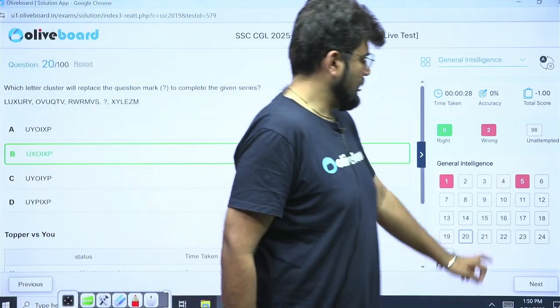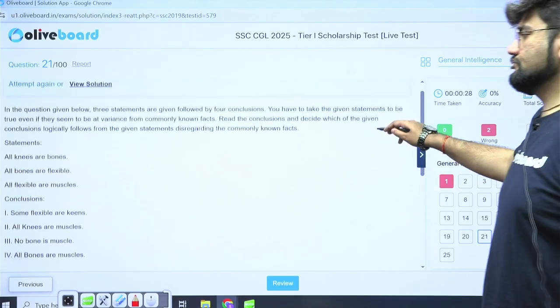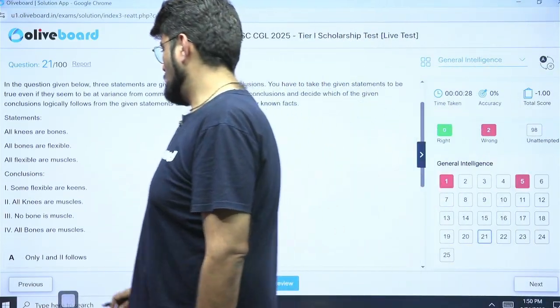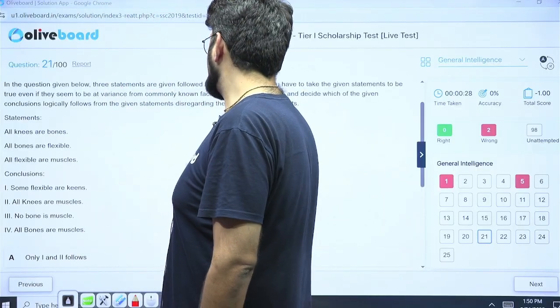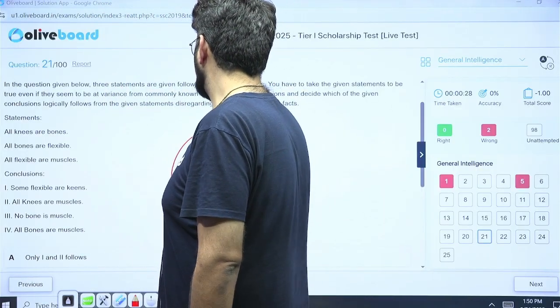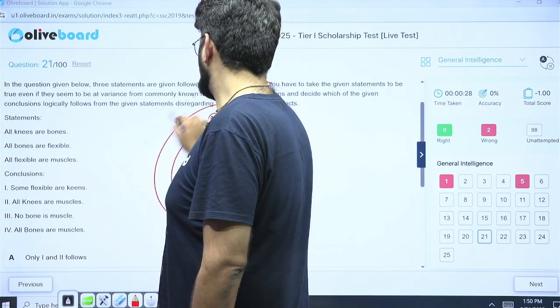Question number 21. Syllogism, and some easy syllogism, not difficult I think. All knees are bones. All bones are flexible. All flexible are muscles.